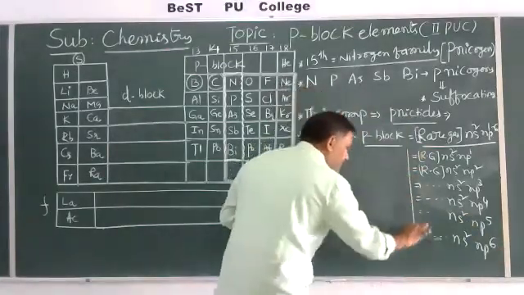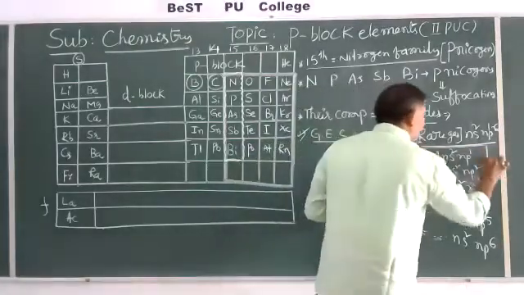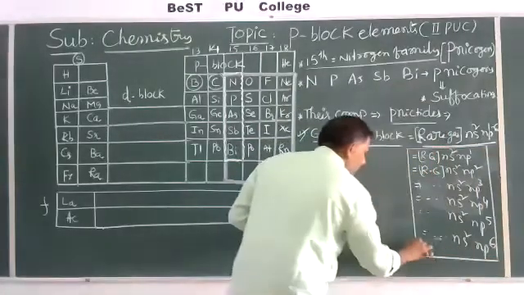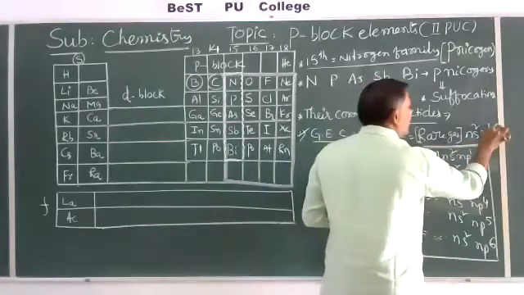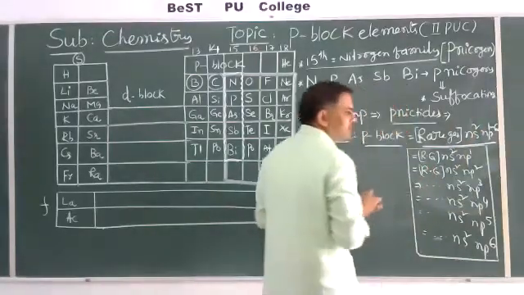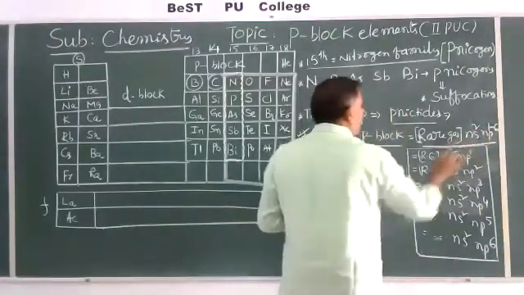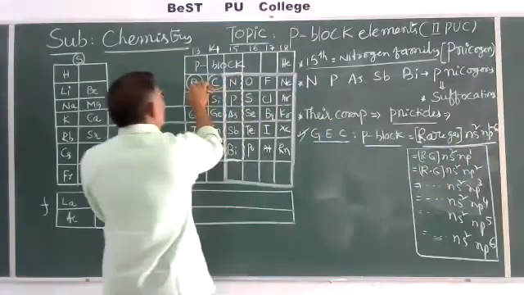So once we observe their general electronic configuration, ns2 np1 to 6 is there. The p block starts with this boron.